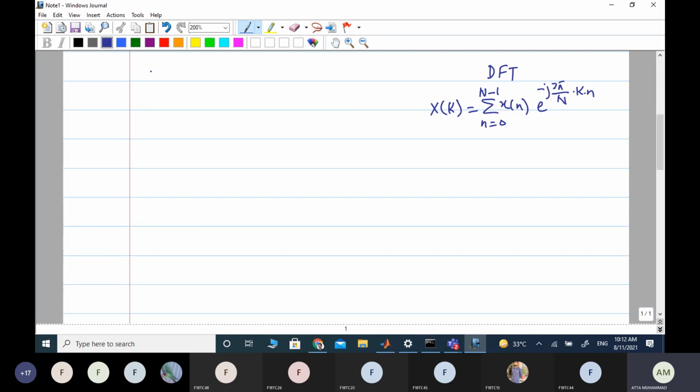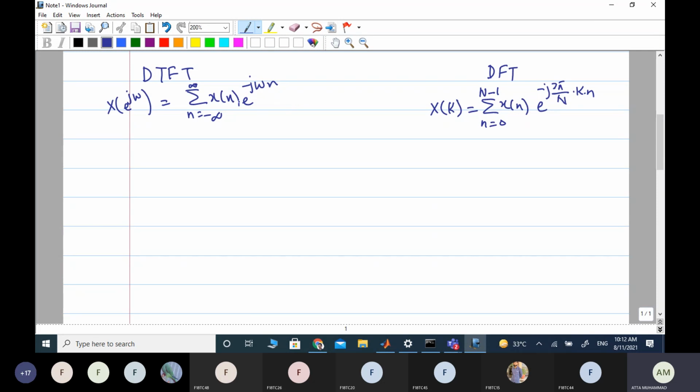Now if you compare this with the formula of DTFT, discrete time Fourier transform, the discrete time Fourier transform is given by X of e to the power j omega, that exists from minus infinity to infinity, x of n e to the power minus j omega n.